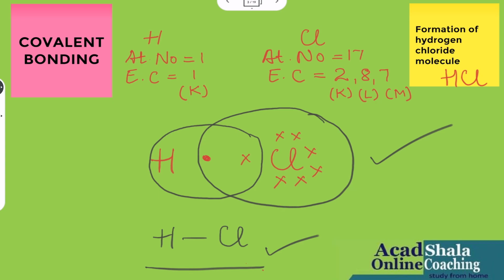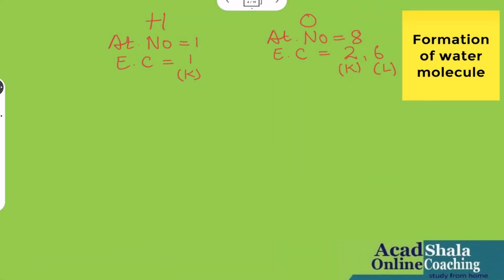So let us come to the next one. Now the next is the formation of water molecule. Right, children? So again the same thing. Hydrogen, atomic number 1, electronic configuration 1, K shell. Oxygen, atomic number 8, electronic configuration 2, 6, K, L shell. Right, children?